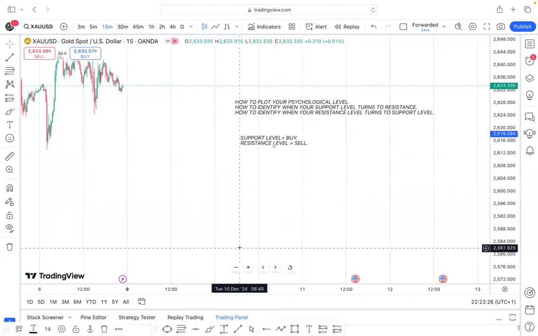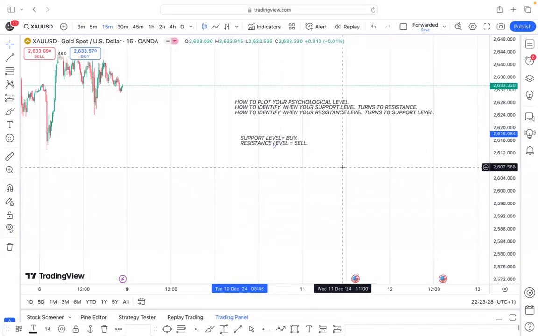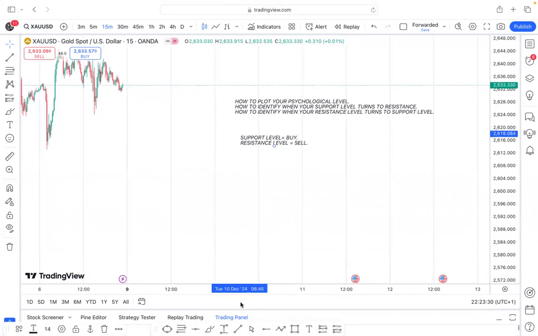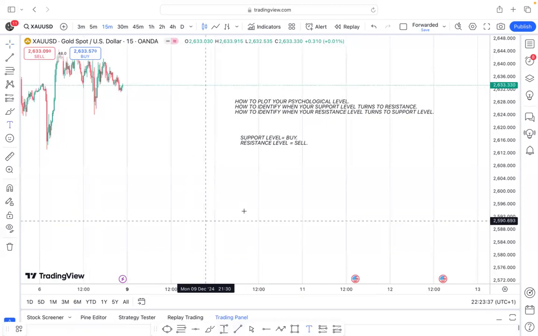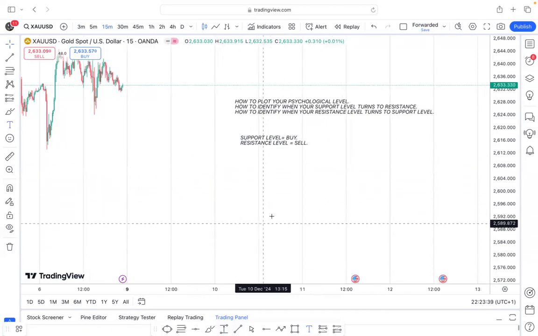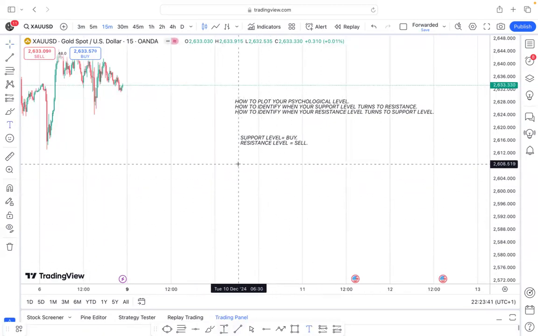Now there are so many support and resistance levels whenever you come to the chart. But how do you identify significant ones? Meaning the support and resistance levels that will hold, so whenever price gets there, the price is going to respect those levels. That's where your psychological level comes in.